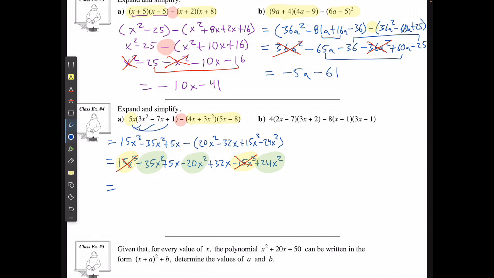And those are going to combine to give me negative 31x squared. And last but not least, I have my x's, which will combine to give me positive 37x.